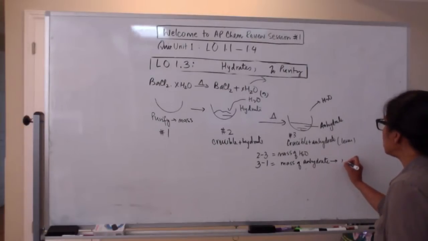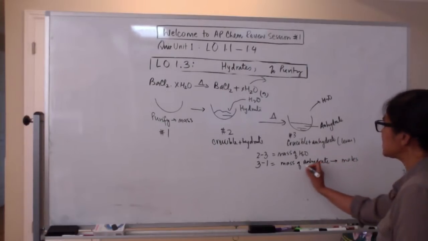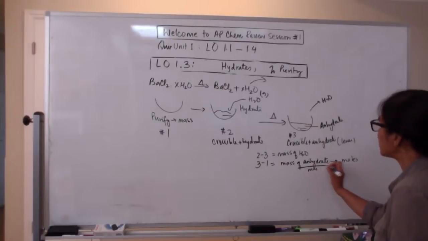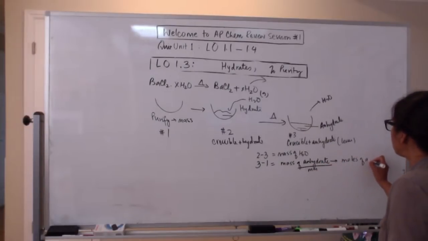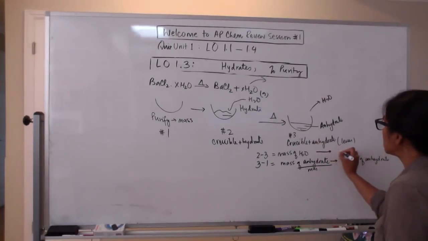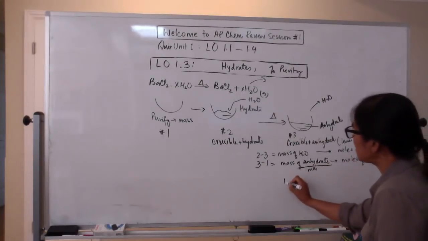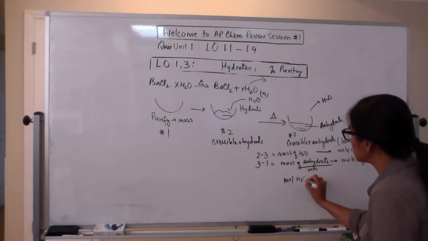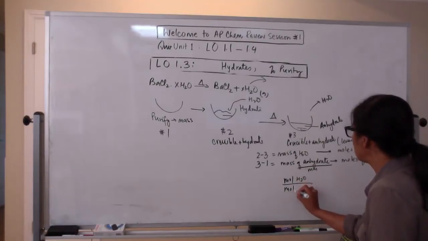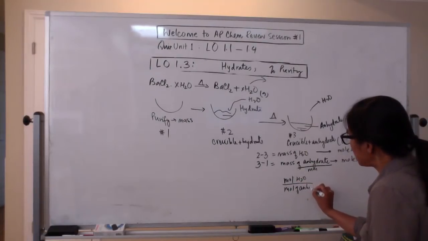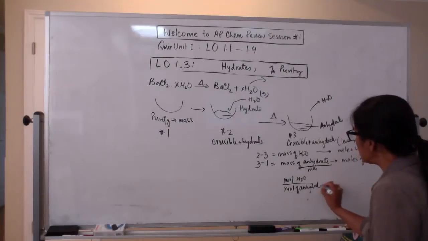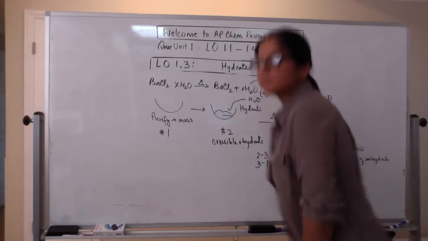And from here you get moles, because if you divide by the molar mass of anhydrate, you get moles of anhydrate. And here you divide by molar mass of water to get moles of water, and ultimately you divide moles of water by moles of anhydrate, and that will be your formula.